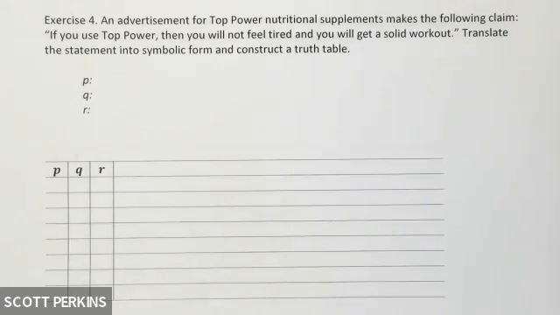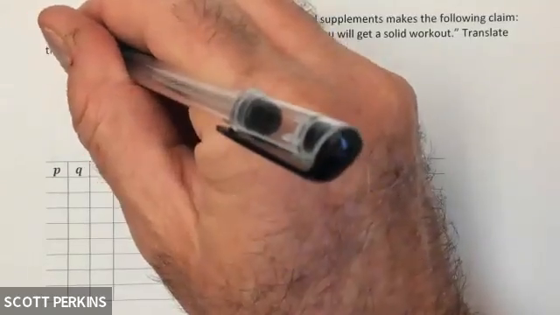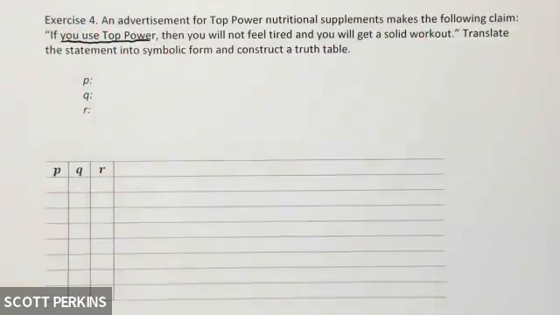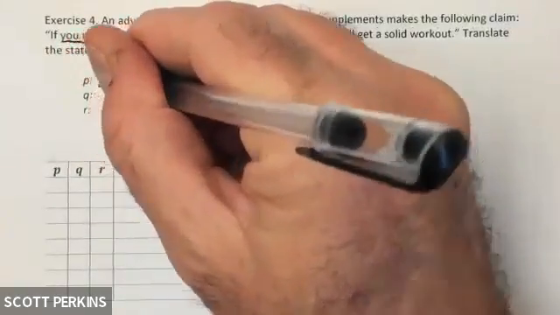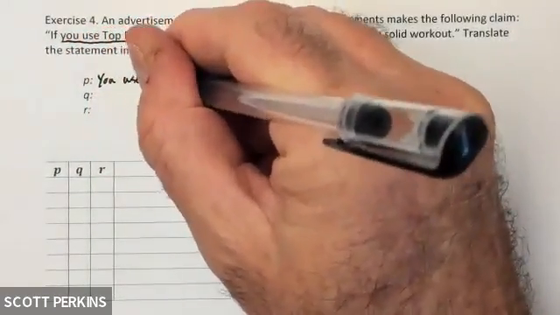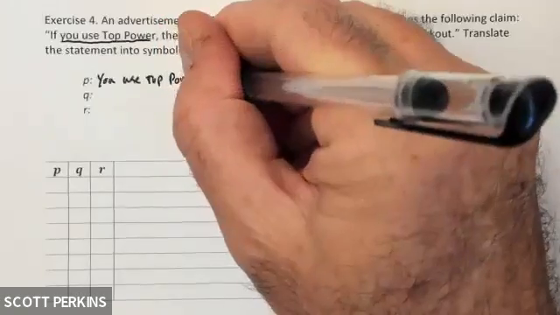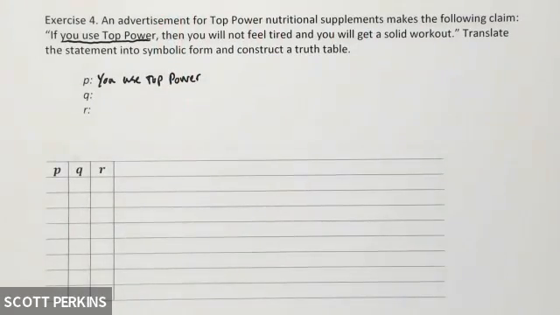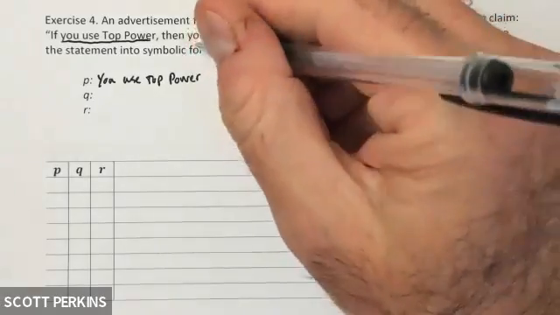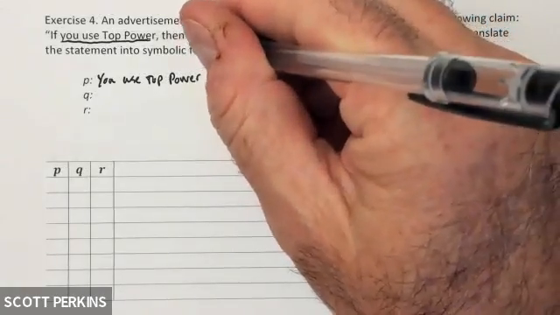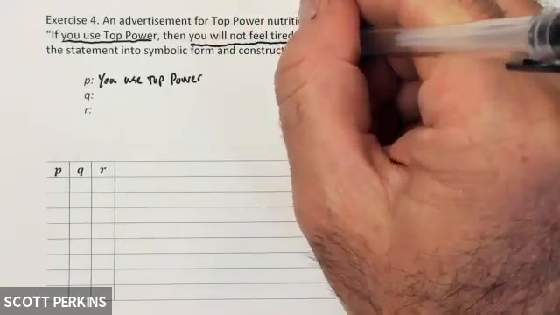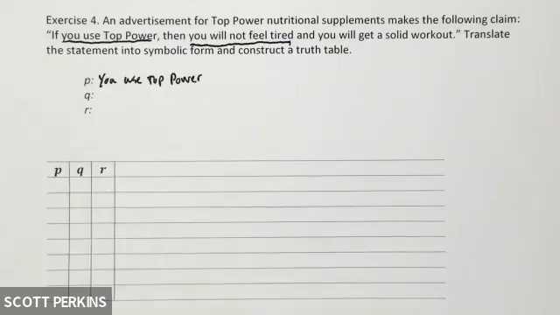So I'm just going from left to right here. The first one is going to be you use top power, whatever that is. And then as I was told, it was a perfect observation. This next statement is you will not feel tired, but we always define our simple statements positively.